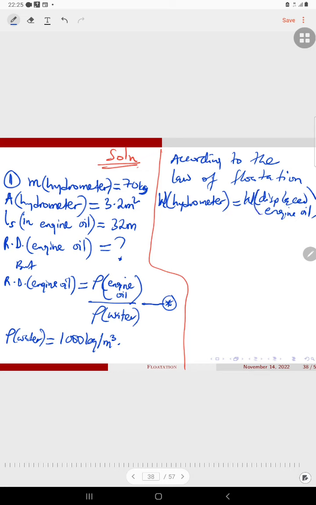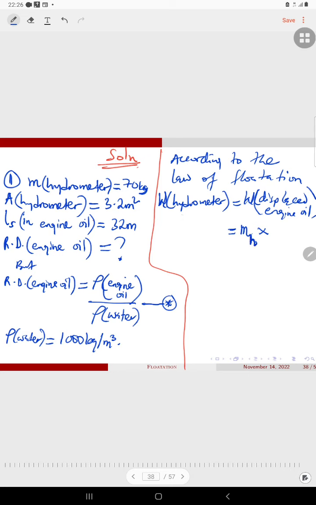This is the same as the mass of the displaced oil times g. Because I didn't know the mass of the displaced oil, let me find the weight of the hydrometer.